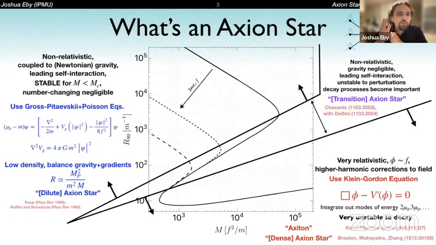So I'll explain in a little bit. We've heard about these configurations also under the name of exciton, but these days many people prefer to call them dense axion stars, even though again they're not really stars because they're not really stable. They decay very fast due to these relativistic processes. How we actually handle these relativistic corrections to the non-relativistic theory has actually spawned a lot of literature.